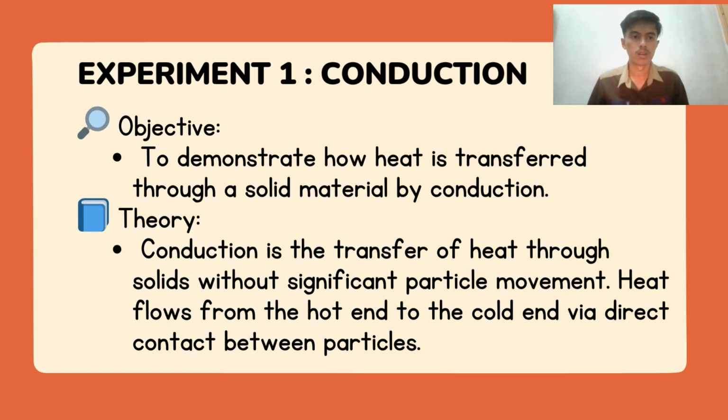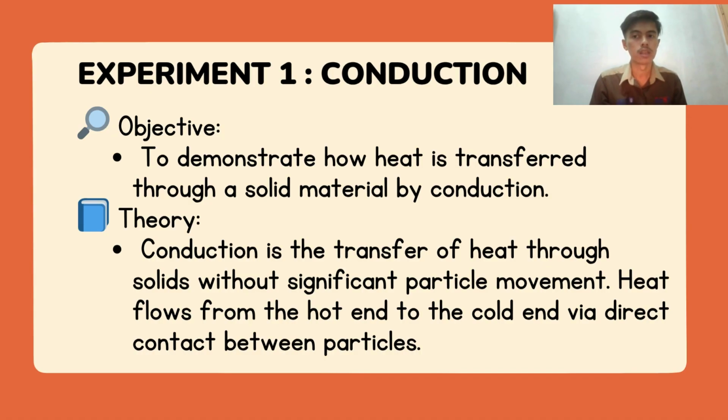Next, I will explain the first experiment, the summary of experiment one, which is conduction. In this experiment, we will demonstrate the concept of heat transfer through conduction. Conduction occurs when heat travels through a solid material without the movement of the material itself. This type of heat transfer commonly happens in metal and other solid objects.